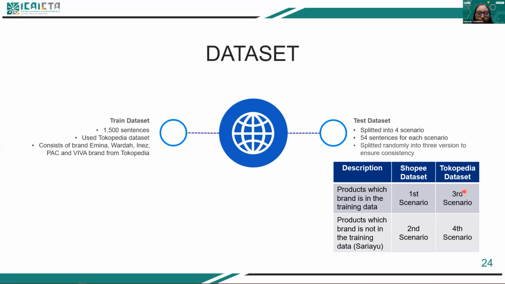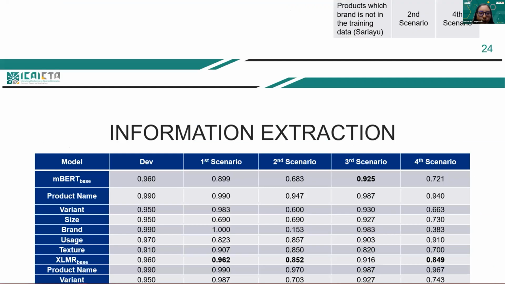The third scenario is the same brand but a different platform, and the fourth scenario is a different brand and the same platform. And as seen in the table, the XLMR performs a lot better than the Embed, and one of the most important parts is the brand prediction. The XLMR can predict better than the Embed.